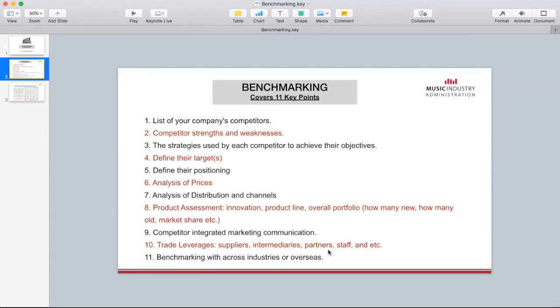And then you may also want to do some benchmarking with other countries where trends may be happening earlier than in your own home market, and you may be able to anticipate and make decisions to be ahead in your market by learning from the trends and the timing of other markets.